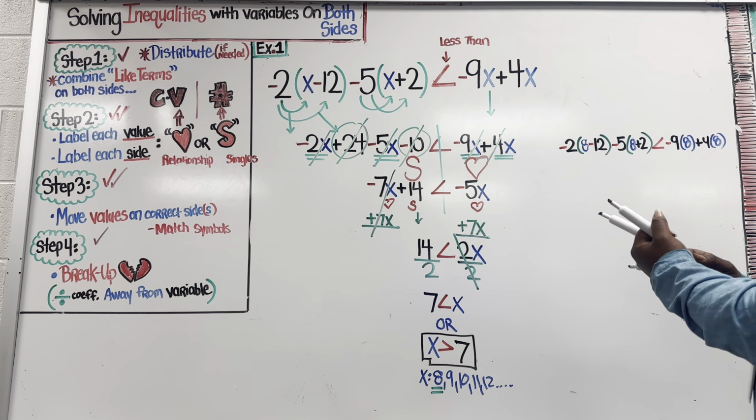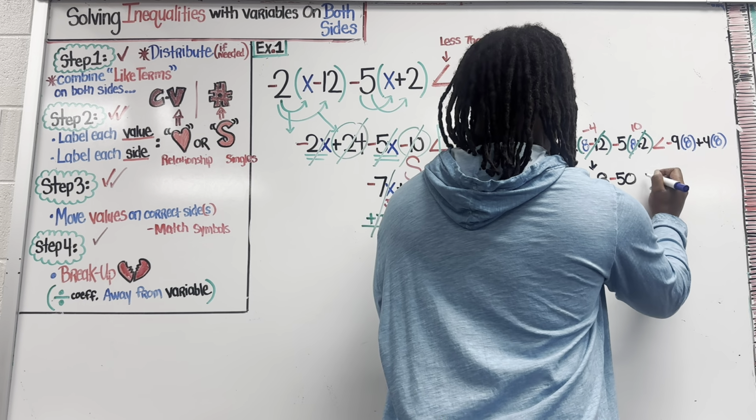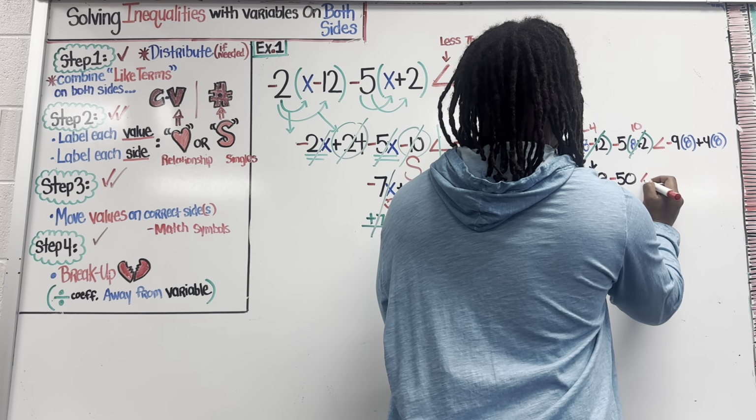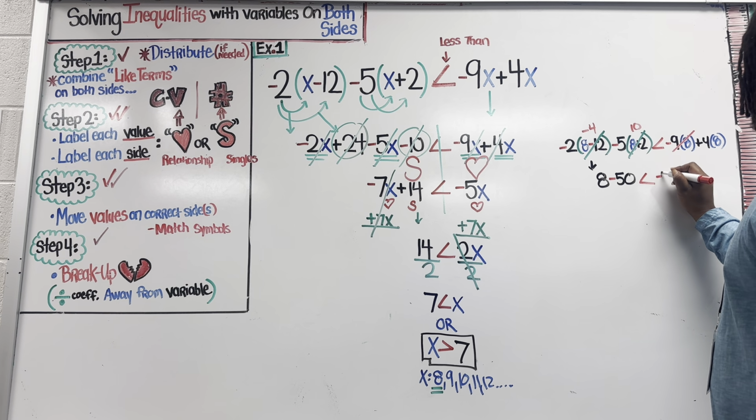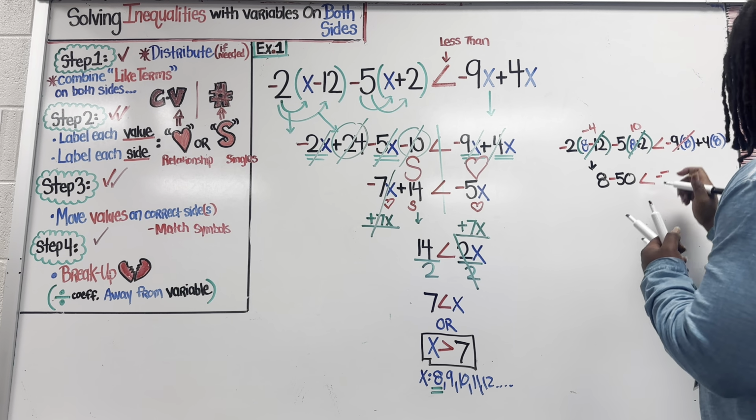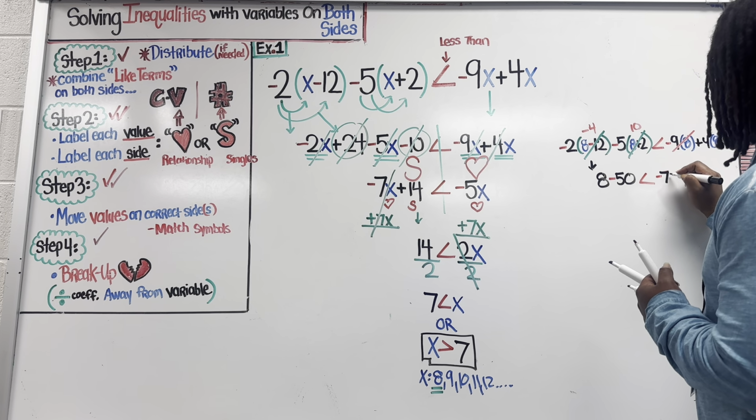So that's going to be 8 minus 50. On that side, 8 minus 50 is less than, let me do the opposite side, okay? We have to multiply first before we add, so I have negative 9 times 8, which is a negative 72, plus 4 times 8, which is 32.